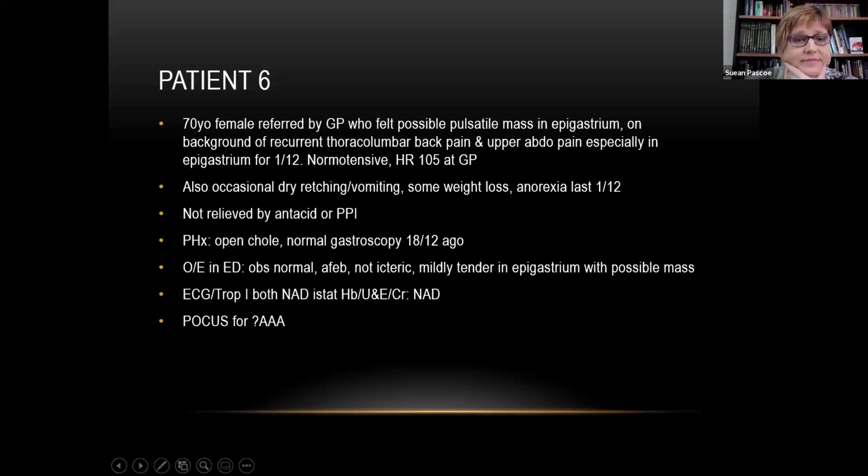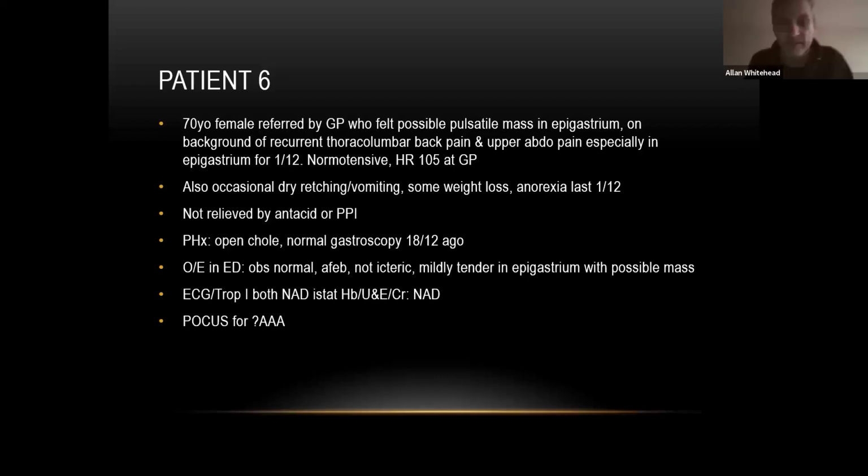Yes, it's great. Okay, so like I said, the GP sent in this patient, a 70-year-old female, thought they had AAA because they felt this possible pulsatile mass in the epigastrium. But when I talked to her, she'd actually had pain in that area for about a month, which hadn't come out with the history from the GP. Her obs were basically normal. She'd had a little bit of vomiting and also had weight loss and anorexia for a month.